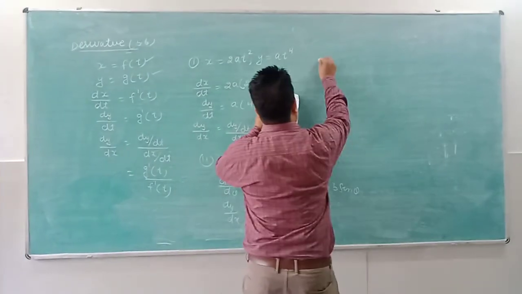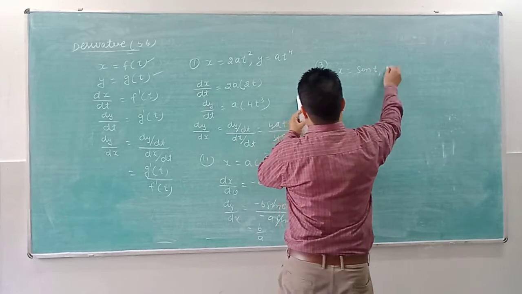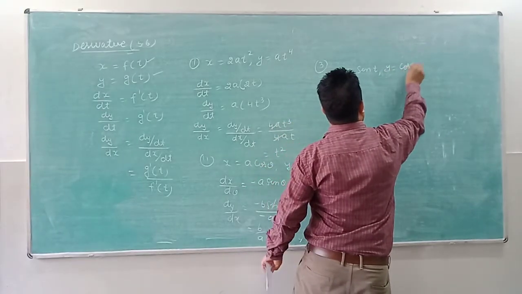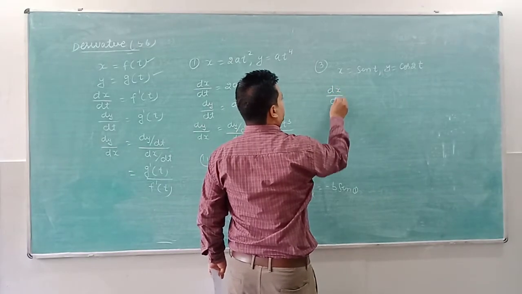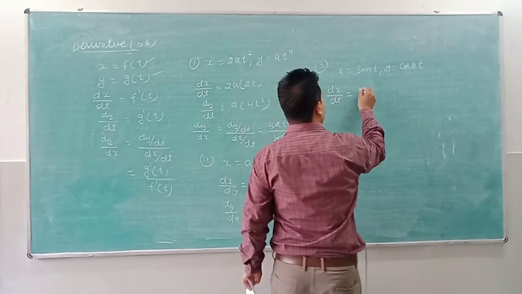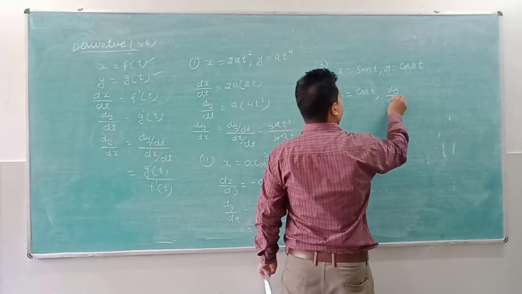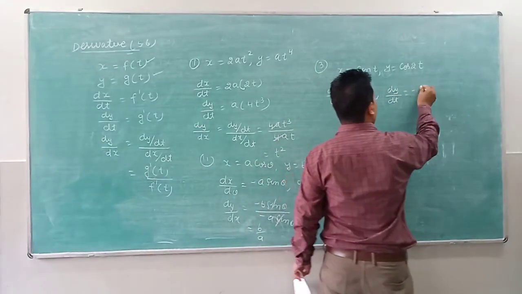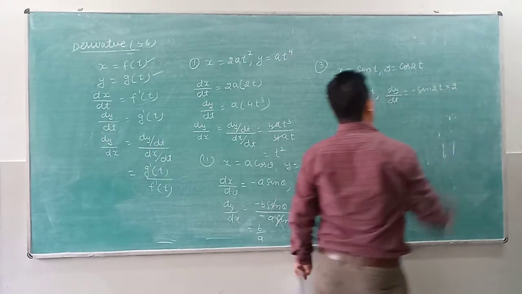In the third part, x is equal to sin t and y is equal to cos 2t. When we find dx by dt, that is the differentiation of sin t, which is cos t, and the differentiation of cos 2t is minus sin 2t into 2.